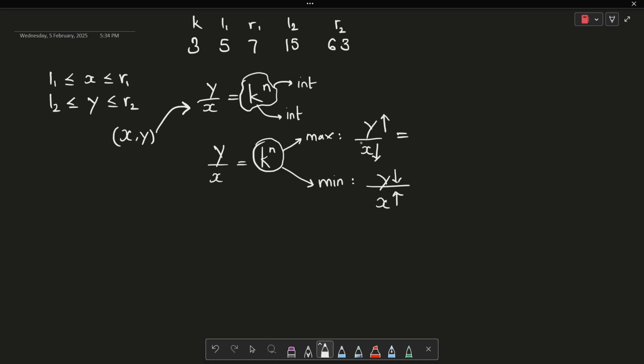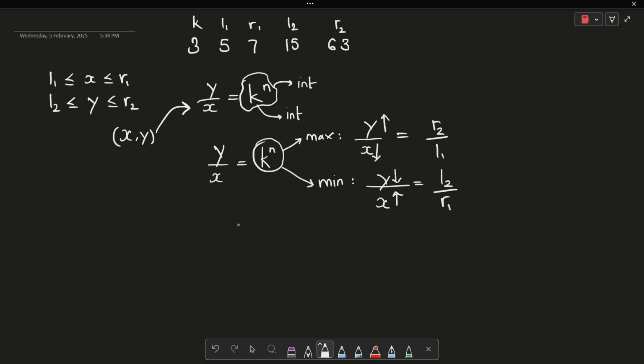What can be the maximum value of y? Obviously R2. And what can be the minimum value of x? L1. What can be the minimum value of y? L2. What can be the maximum value of x? R1.